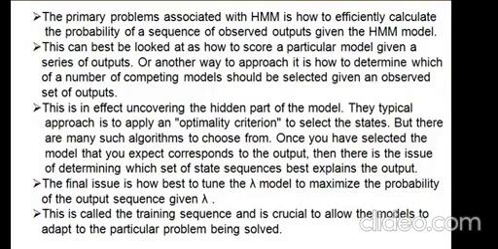The final issue is how to best tune the lambda model to maximize the probability of the output sequences. This is called the training sequence and is crucial to allow the model to adapt to the particular problems being solved. So these are the primary problems associated with the hidden Markov model.